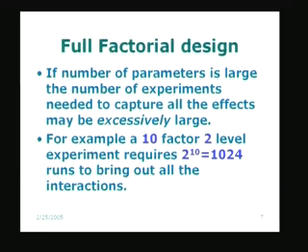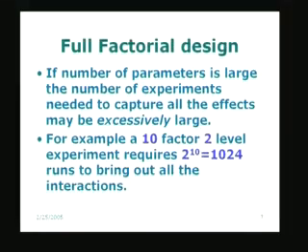So, let us look at what might happen if I do an experiment with a full factorial design. If the number of factors is large, the number of experiments needed to capture all the effects grows. In the previous case, I had only one interaction effect, XA product XB. With many parameters, I will have many such combinations: XA XB, XB XC, like that.